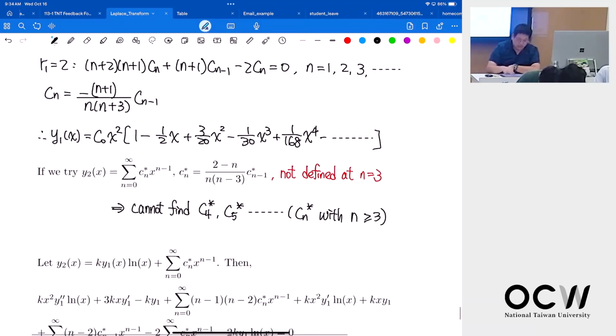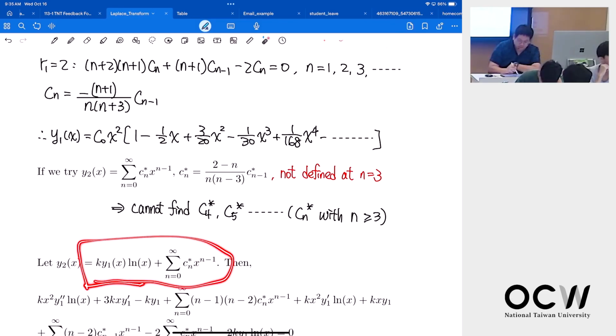And that's why someone really brilliant, Frobenius, came up with what is called the Frobenius series. He found out that y2 could be in this expression. Instead of just the series cn, this summation, I add one more term.